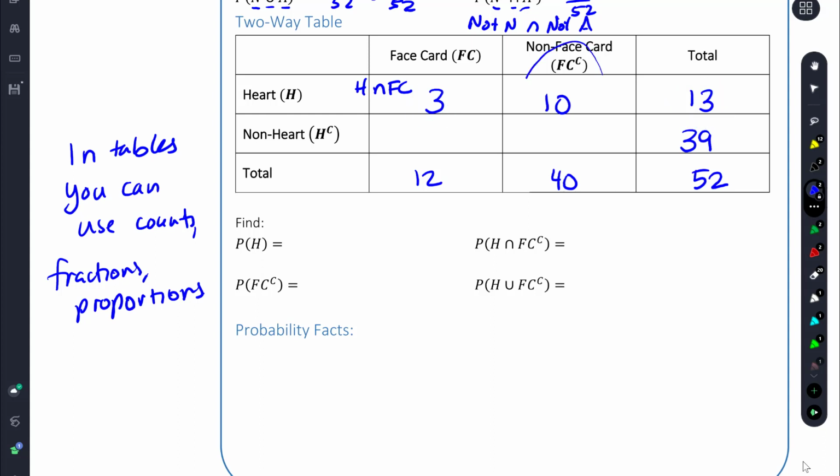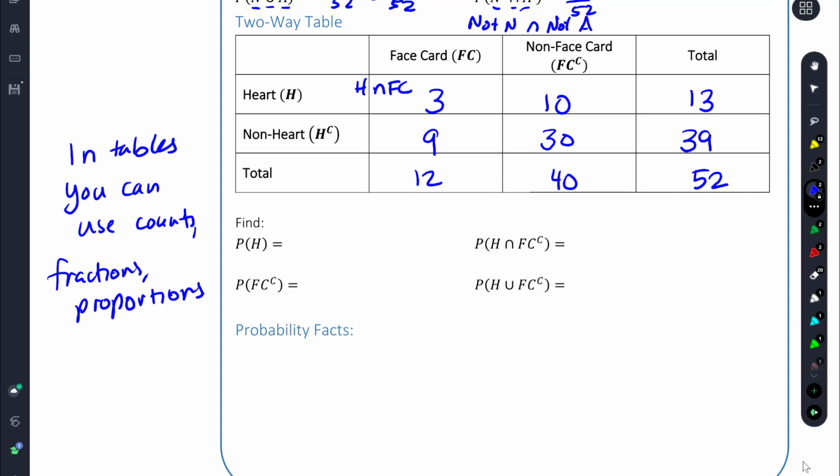We can also use that going down in the columns as well. If there are 40 total non-face cards, we've accounted for 10 of them already that are hearts. That must mean there are 30 non-hearts, to give us the 10 plus 30 equaling 40. By the same token, if there are 12 total face cards, we've accounted for 3 of them already as hearts. That must mean there are 9 total non-heart face cards.